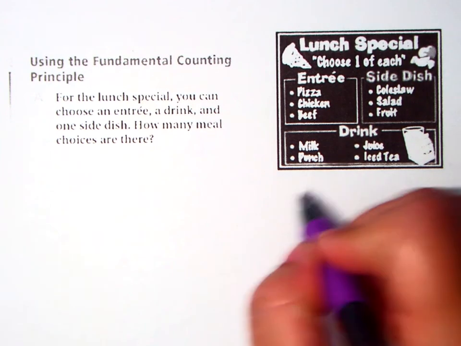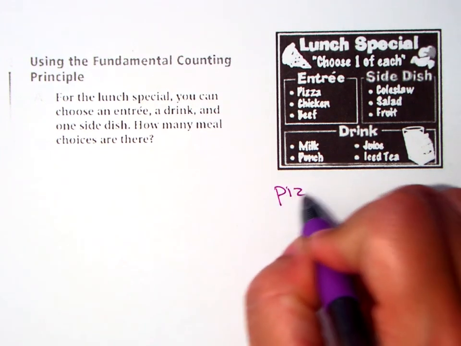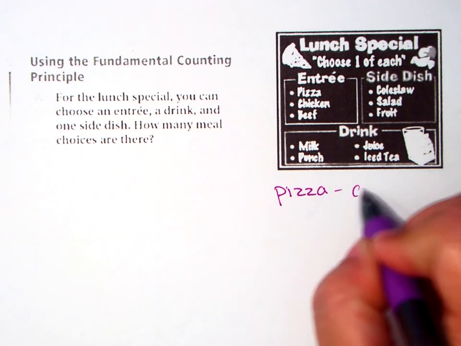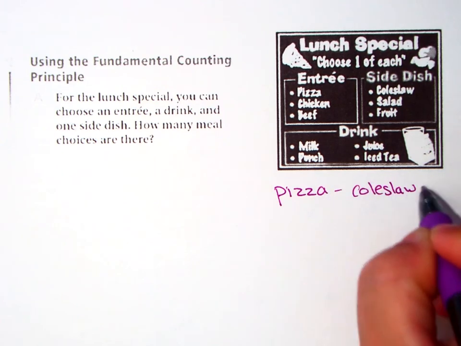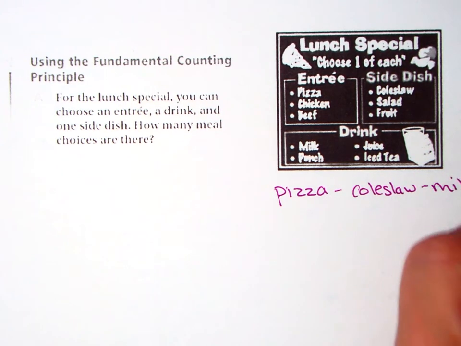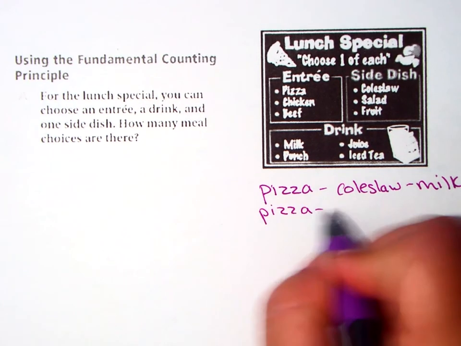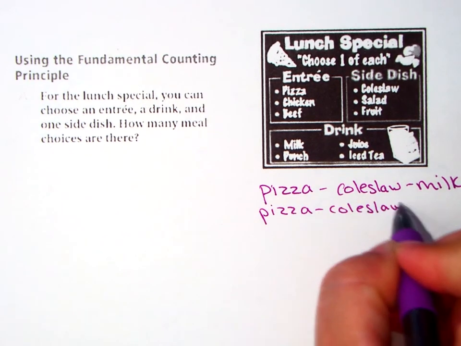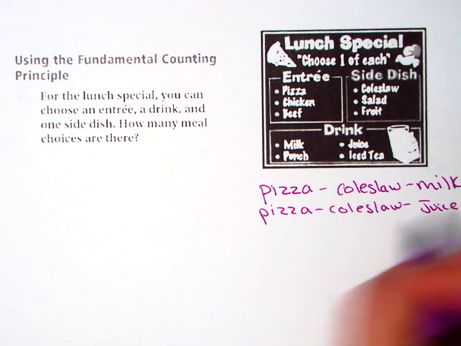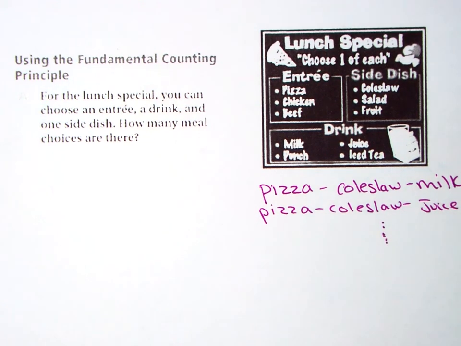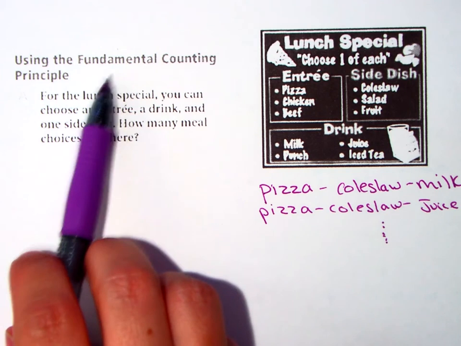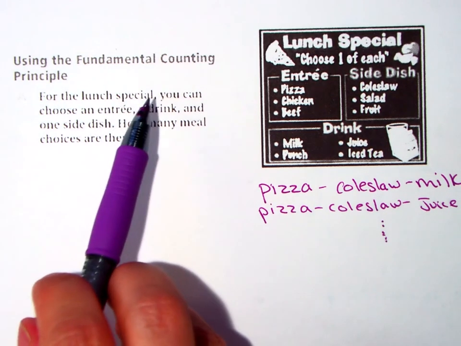So if I were to make a list, I would say, okay, I can choose pizza with coleslaw and milk. Okay, I could choose pizza, coleslaw, and juice. Okay, on and on and on to make my list. That would take a very long time. So we are going to use our fundamental counting principle to be more efficient.